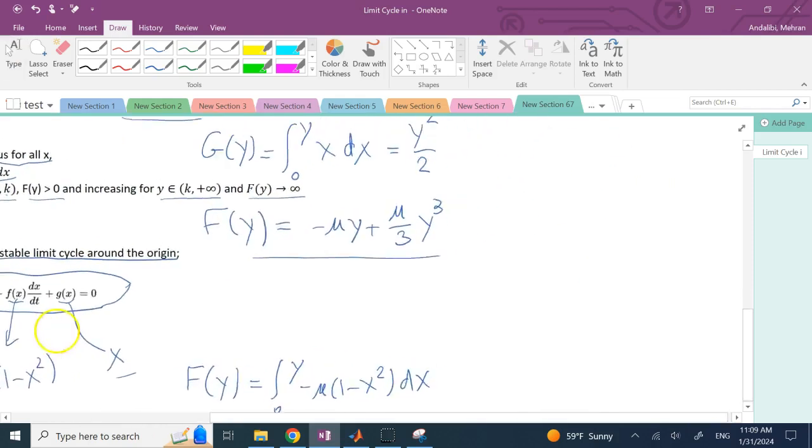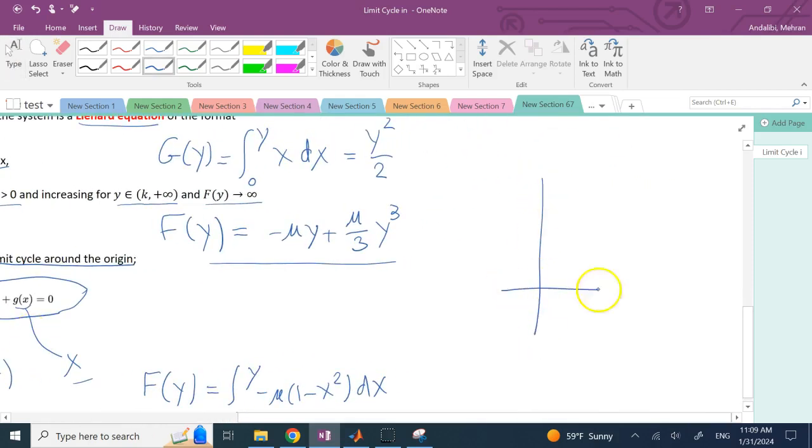Well, is that the case? Well, if we plot this function, F of y versus y, right? So at 0, it's 0. At 1, it is negative mu plus mu over 3, so it's negative 2 mu over 3, right?